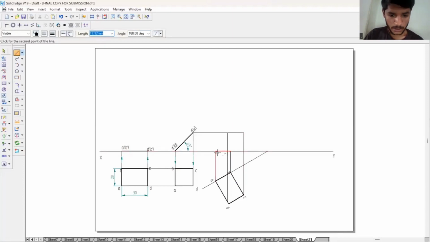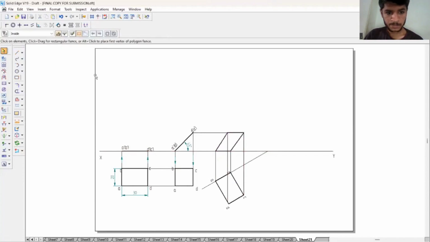Now let's join the ends. The lines must be thin. Let's make them thin all at a time.